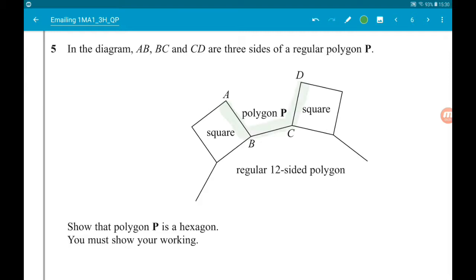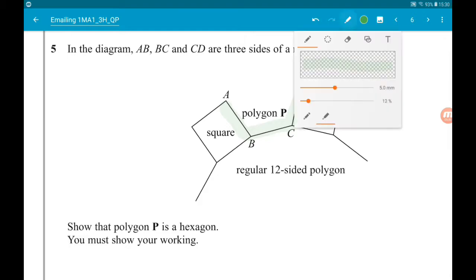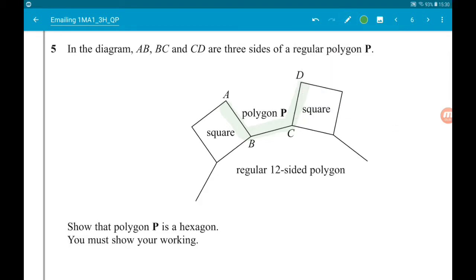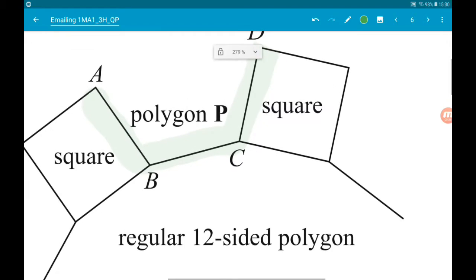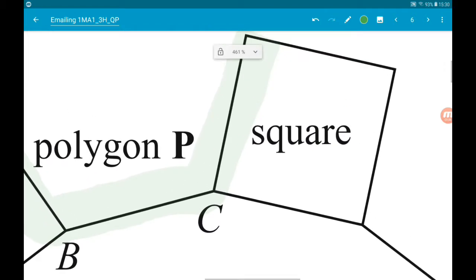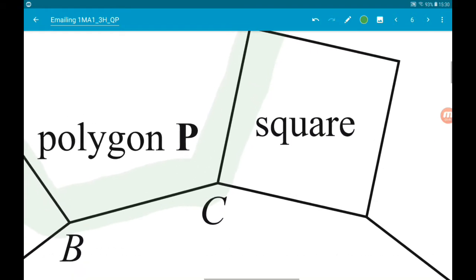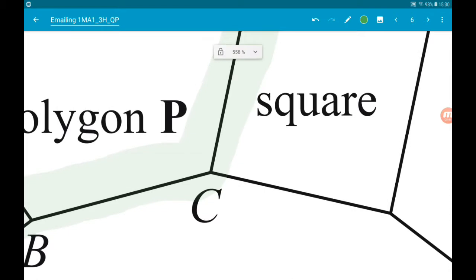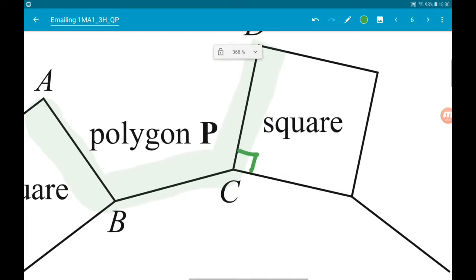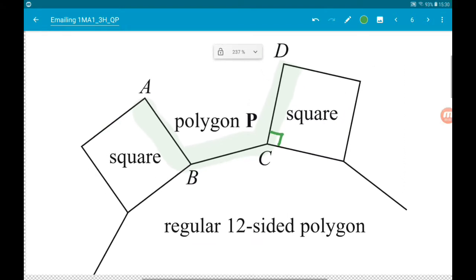Now, what do we know? Well, if we zoom in on one of these points, we know that in a square, all the angles are 90 degrees. So, that angle is 90 degrees. All we need to do is find these other 2 angles around this point.